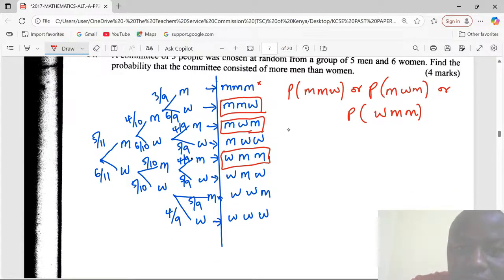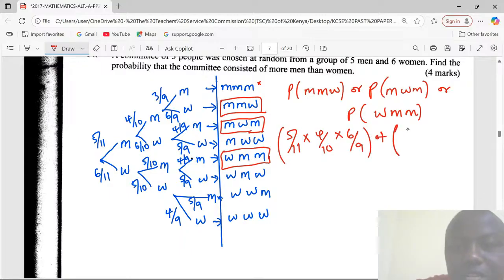So in the first case, man 5/11, man 4/10, and woman 6/9, or, which means addition in probability.